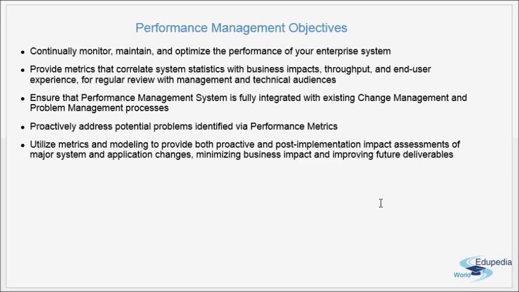So you have to check with the client what is a good time for that, and then schedule a downtime and fix them. That will improve the performance of the system. So these are the objectives of performance management.